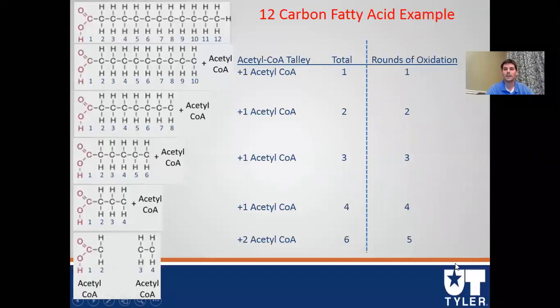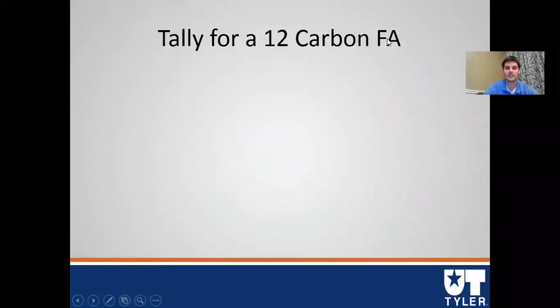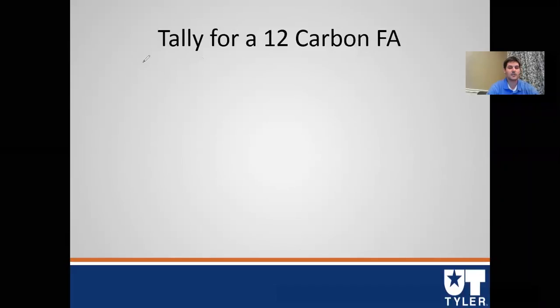The important thing to note from this step is that we have 6 acetyl-CoA molecules and 5 rounds of beta oxidation. So let's do some writing here. In this situation, let's talk about our 6 acetyl-CoAs. I'm going to use shorthand because I'm writing with a laptop mouse.